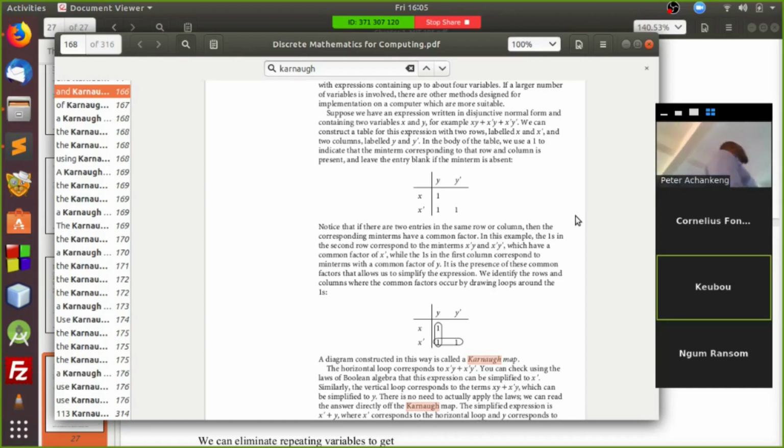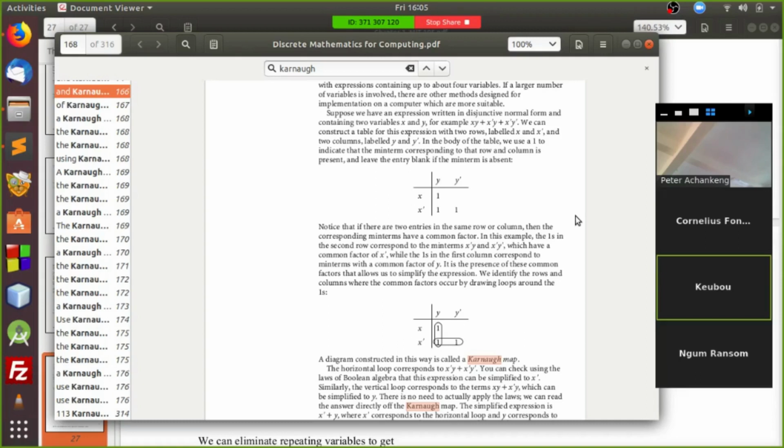One other thing is that when you have a bigger map, you can group a term here with the other side. We'll see that later, because the map is considered as wrapping around. It means you can take something on this side and group it with the other side. But it doesn't apply in this case because this is just four cells, so there's no point grouping something backwards when you can just group it in front.